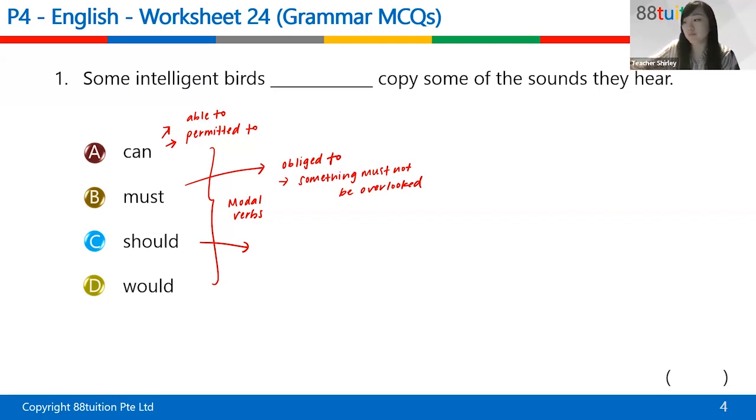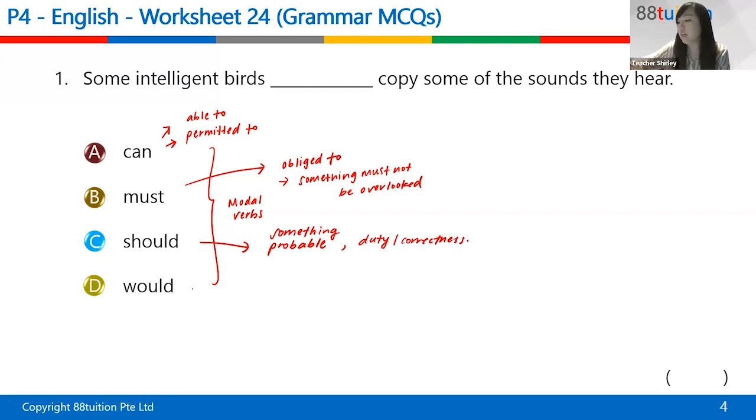Obligation means that you have to do it, but it's more probable. Probable comes from the word probably, right? So it's something probable. It's more like a duty, or it's correctness.